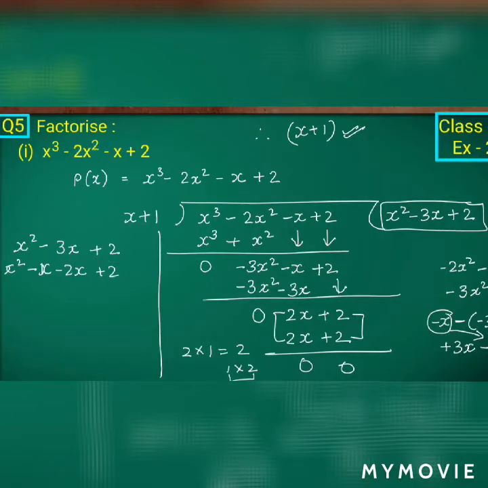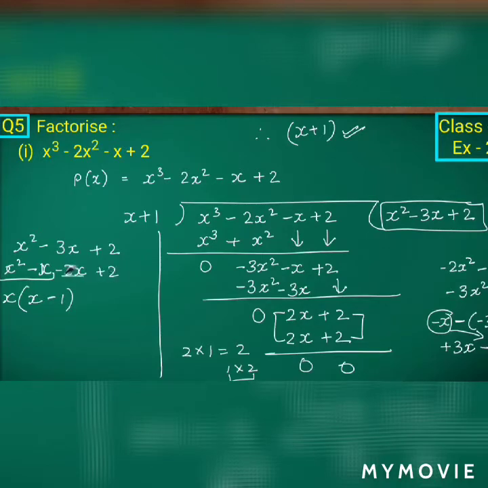Now what is the term I can take common? x. If I am taking x common, what else will remain? x minus 1. x into x is giving x square, x into minus 1 is giving minus x. So x minus 1.